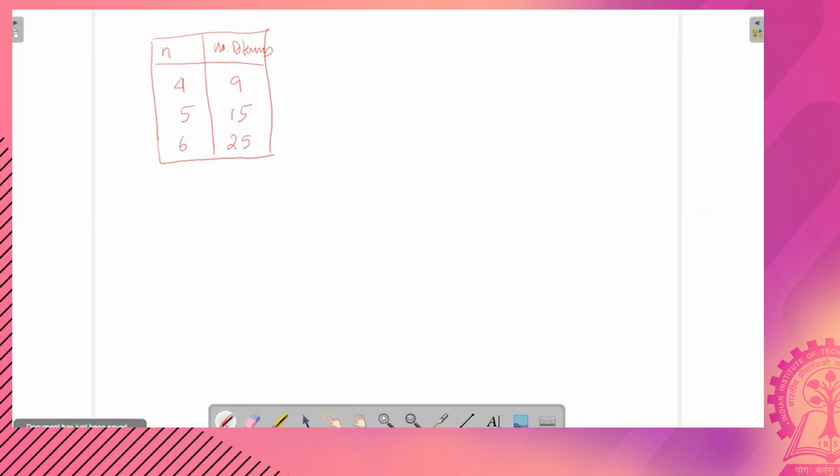For n equals 4, you need to compute 9 terms, whereas for n equals 6, you need to compute 25 terms. And you will find this pattern continuing as you proceed further. So what is the pattern?